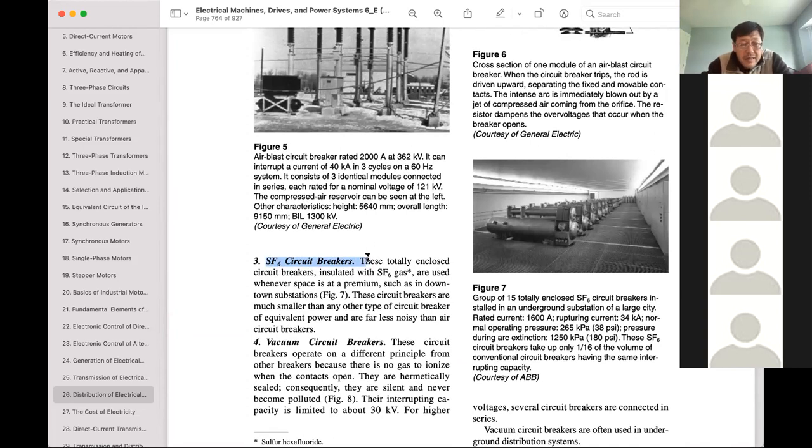It uses a fluorine gas. What is that? I don't know that. That's a chemical gas. So this is a special type of gas. There's a picture, figure 7, of this type of circuit breaker.